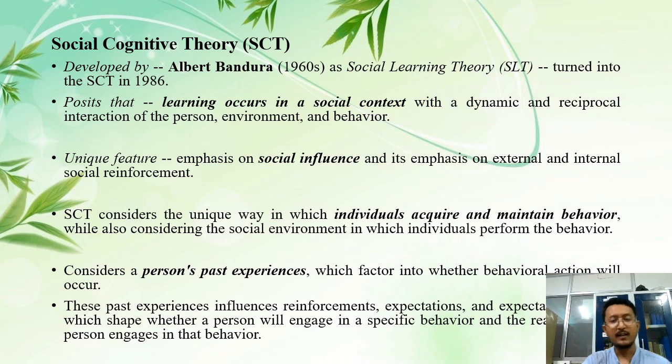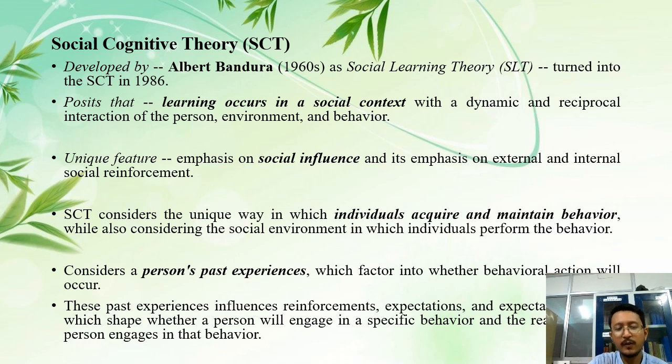So, just like the term suggests, this theory is basically dependent on how an individual or group of people learns from the society and acquires or adopts new behavior throughout the different course of activities and from past experiences, from whatever learnings they have acquired.